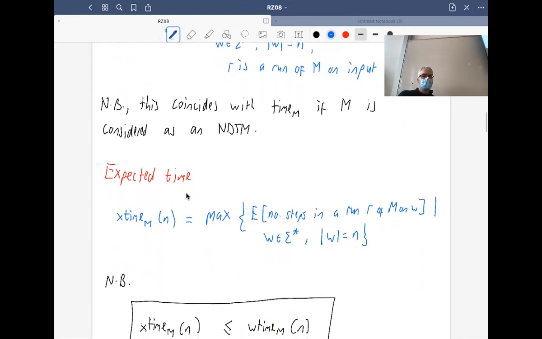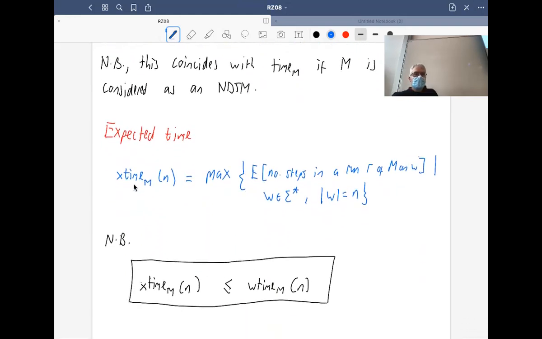So the expected runtime, so I'm using X for expected runtime of the machine M on inputs of length n, is again worst case in the sense that we're taking the worst of the expected runtimes for the worst input W of size n. So again, we're going to take the maximum over all input strings W of size n.